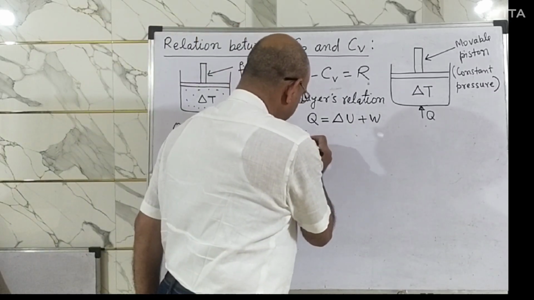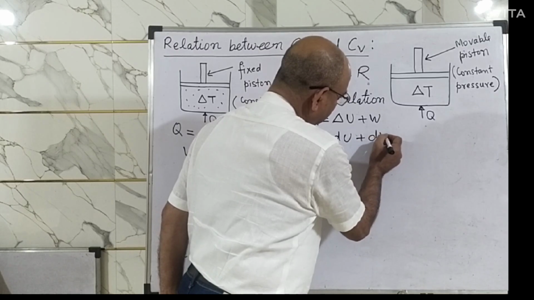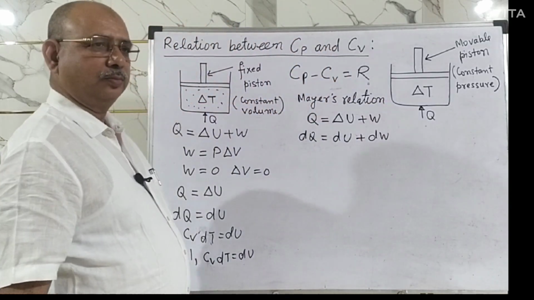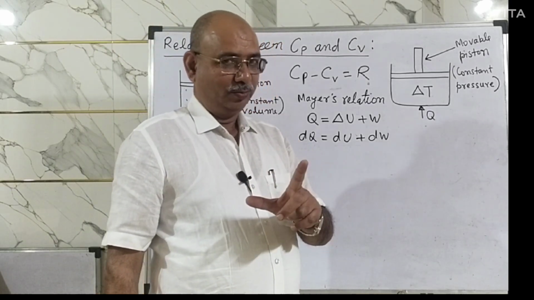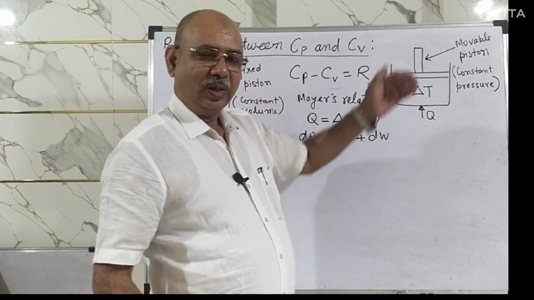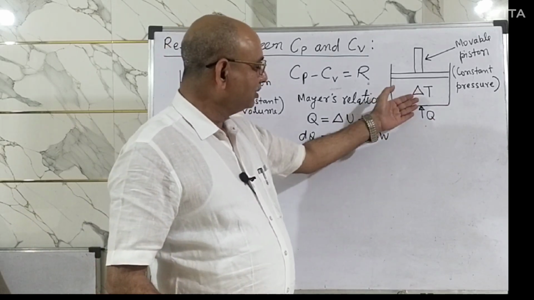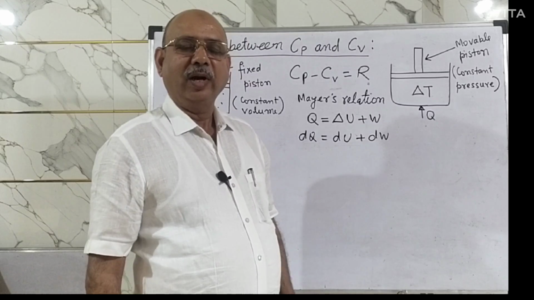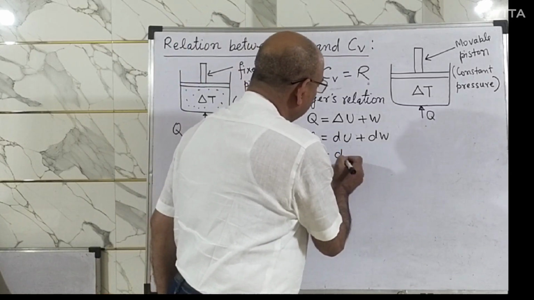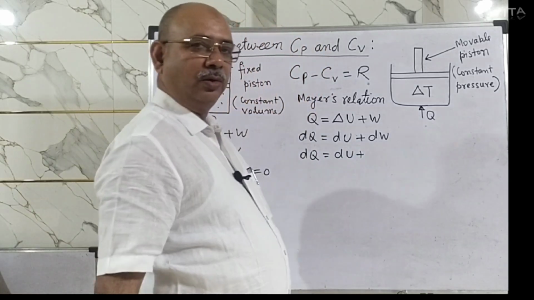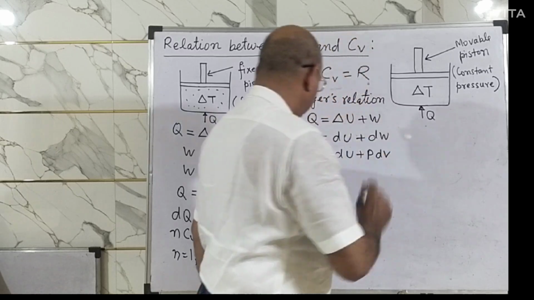Let the incremental heat dQ be equal to dU plus dW. Here dW will not be 0 because the piston is moving, the gas is expanding. Now work will be done by the gas on the environment and it is positive. dQ is equal to dU plus work done, which is P dV.